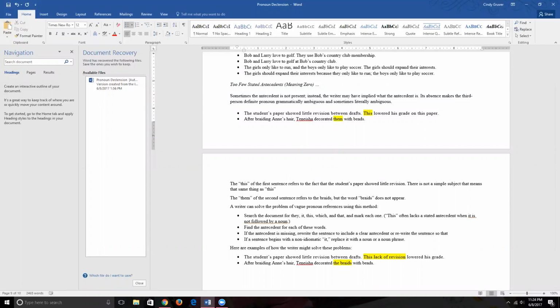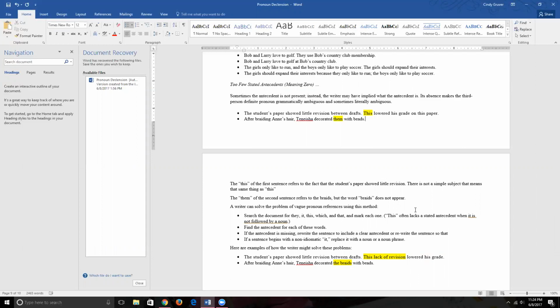And I would say this is probably the most likely, when it isn't followed by a noun, to have this problem, because we use this so often when we don't have a tight antecedent noun. We're kind of saying this concept, this idea, this thing I've been talking about.